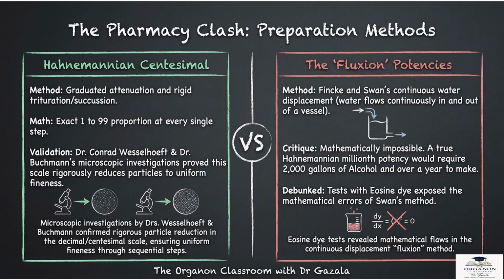So this debate brings us back to a fundamental question: when we speak about infinitesimal dose, does the method of preparation matter? For Hughes, understanding the pharmacy behind the dose is an essential part of understanding how the remedy is administered, right?